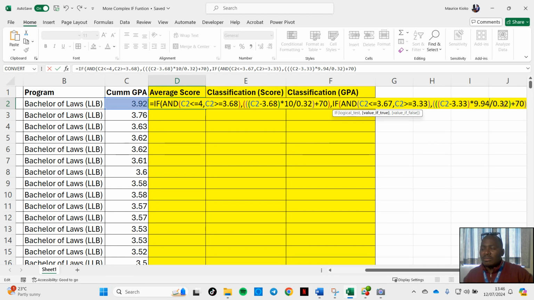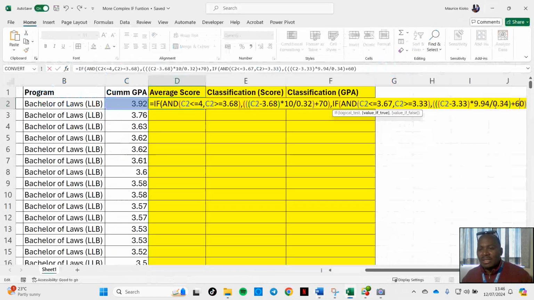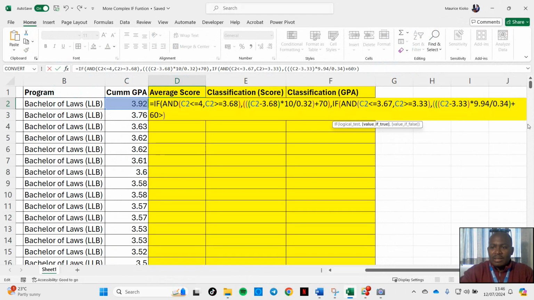Yeah, must be 0.34, not 3.34. 7 minus 3 is 4. Yes, 0.34. Divide by 0.34. Then you add 60. Remember, this time you add 60 because 60 is the lowest limit here. Up to that point, is it working? You keep on testing whether it's working.